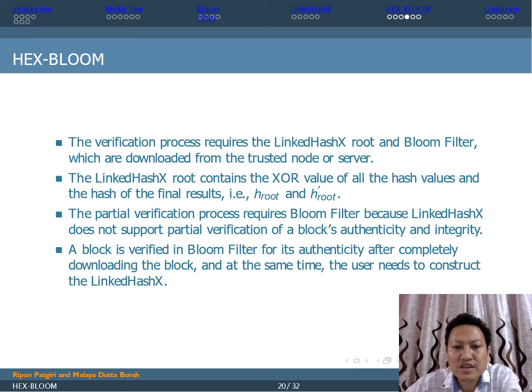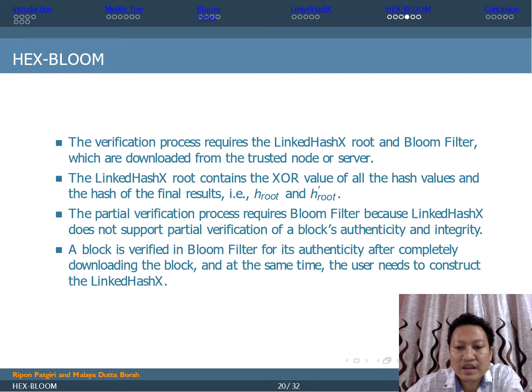The verification process requires the Linked HashX root and Bloom filter, which are downloaded from a trusted node or server. The Linked HashX root contains the XOR value of all the hash values and the hash value of the final result, that is Hroot and H'root. The partial verification process requires the Bloom filter because Linked HashX doesn't support partial verification of a block's authenticity and integrity. A block is verified in the Bloom filter for its authenticity after completely downloading the block.